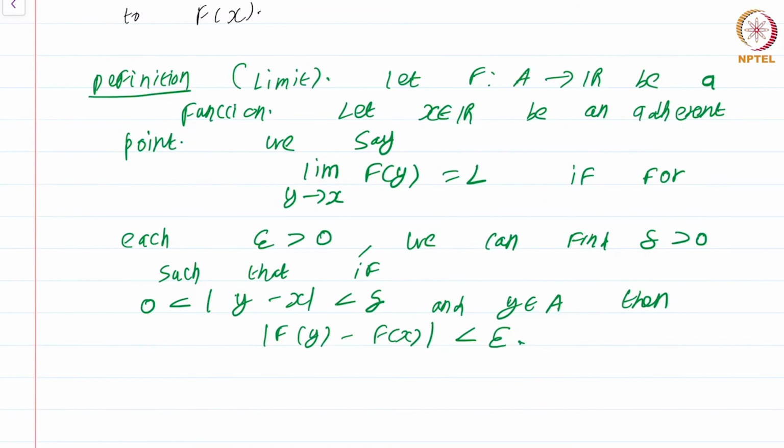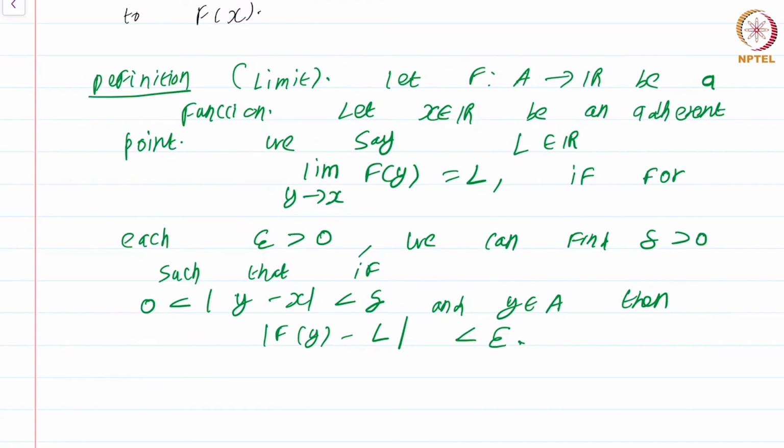Okay, so let me just read out the definition again. We are given a function f from A to R. You take any adherent point. Oh, sorry, I made a slight mistake. This is of course capital L. Okay, and let me write L is an element of R. So we have a function f from a set A to the real numbers.